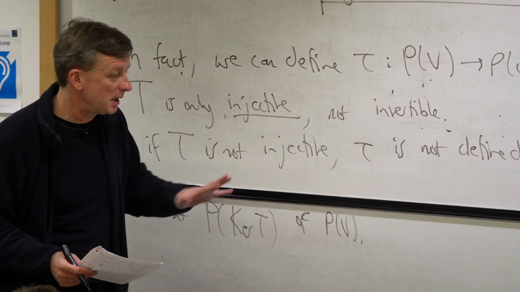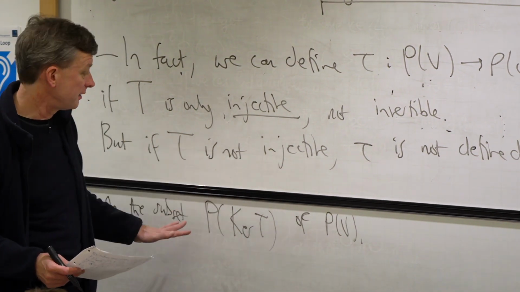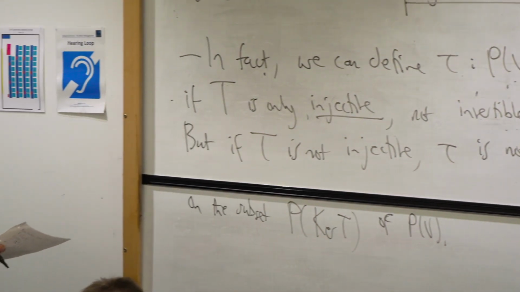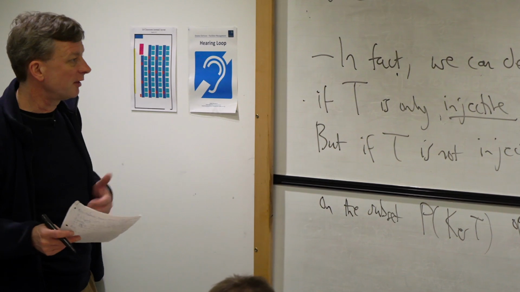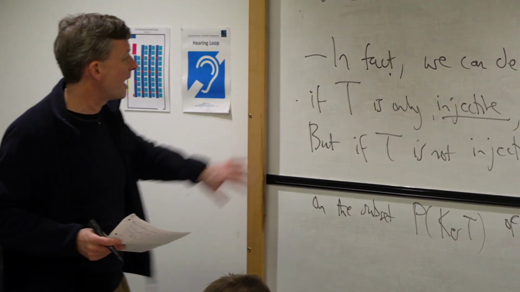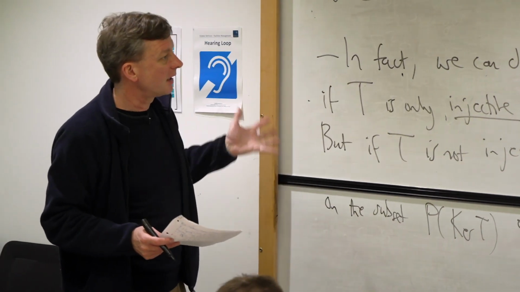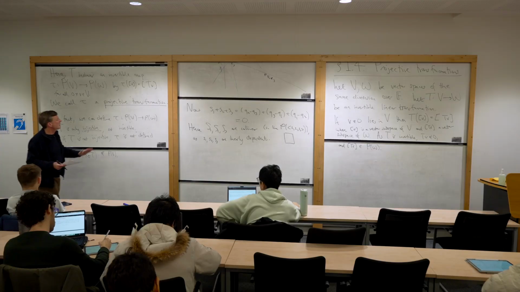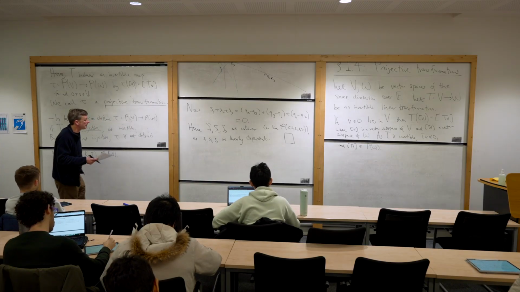There's no point in P of W to which you could sensibly map a point of P of ker T. So we don't get projective transformations induced by general linear maps, only injective linear maps, and it turns out that basically the ones we care about are things coming from invertible maps.